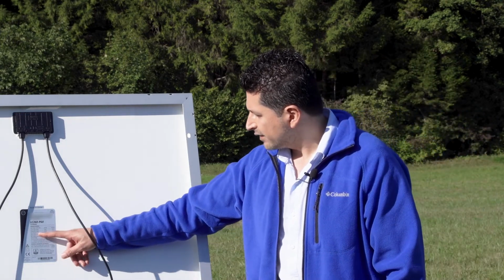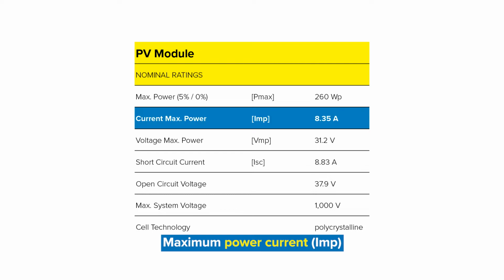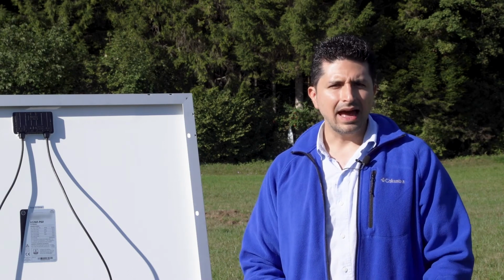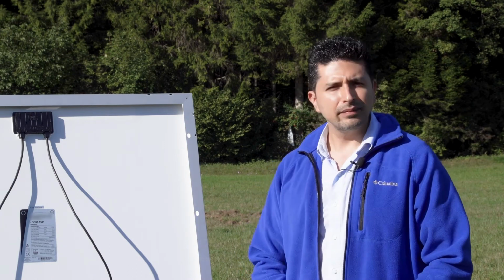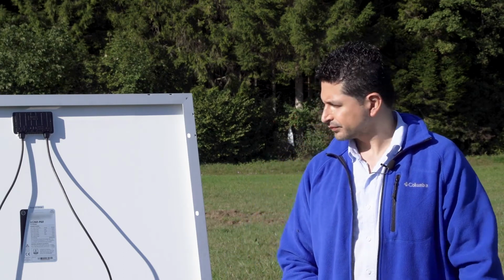We also have the maximum power current, which is usually named IMP. This is given in amperes, and this means the maximum amount of current that the PV module will produce whenever it's working at its maximum power operation point.